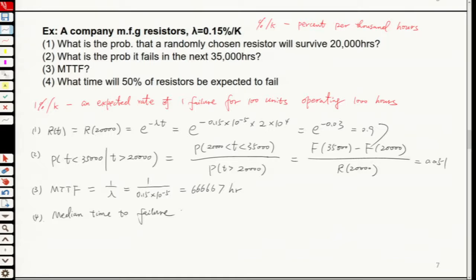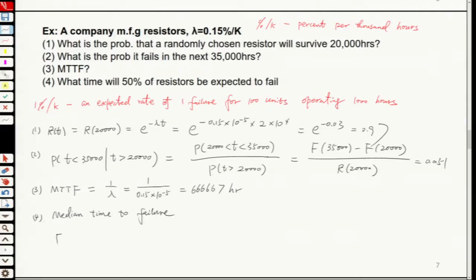The mean is about all the expected failure times; if you have a population, it's basically the average of all the lifetimes. But the median is the time at which half of the product will fail, which is different. Median is different from mean. Am I making sense?